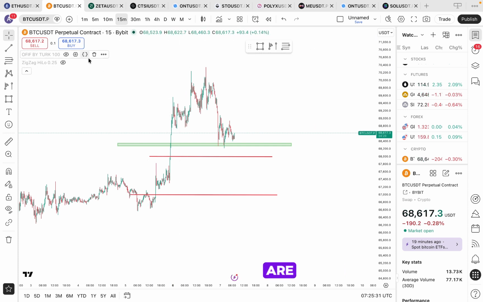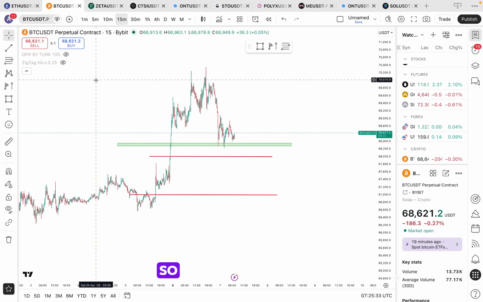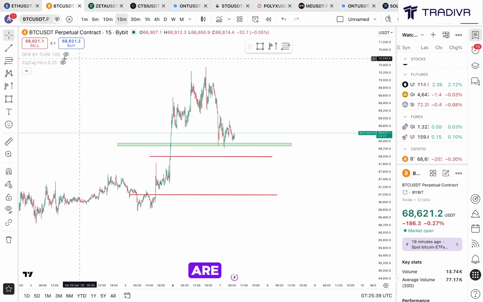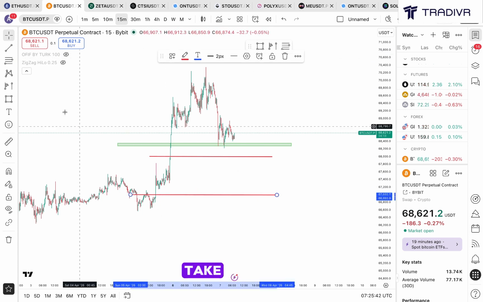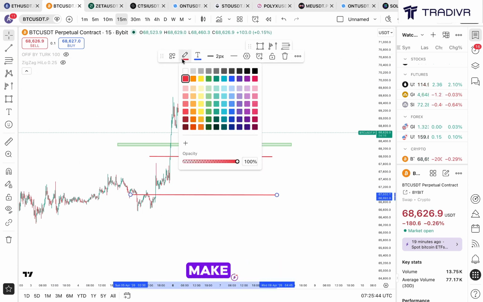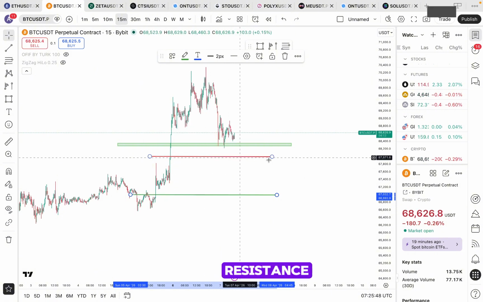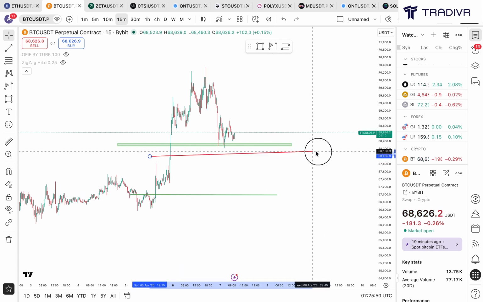So whenever the market is at any whole number, 67, 65, 64, 63k, they are all zones, they are all resistance and support, if you want to take it like that. So let me make this green, so you know this is the support. Then I like making my resistance red.